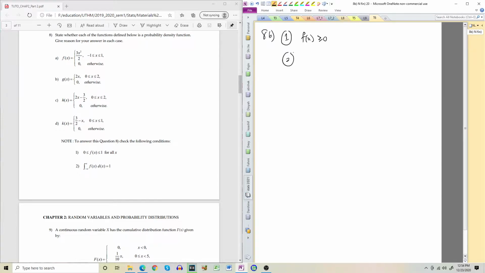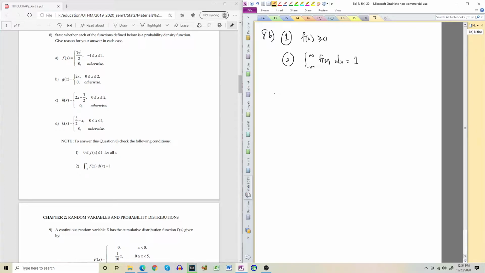The second condition is that if you integrate f(x), you should get 1. Okay, these are the two conditions we have to check.